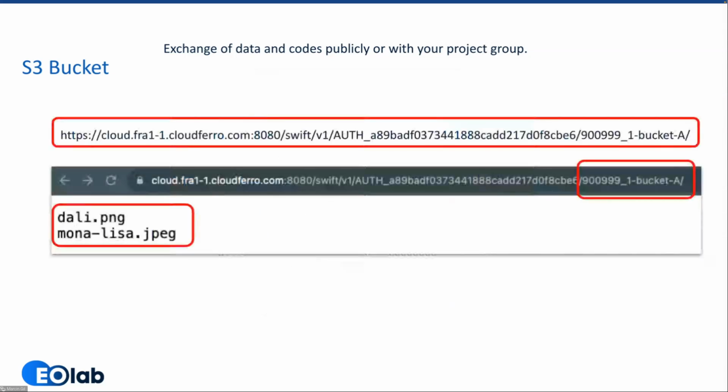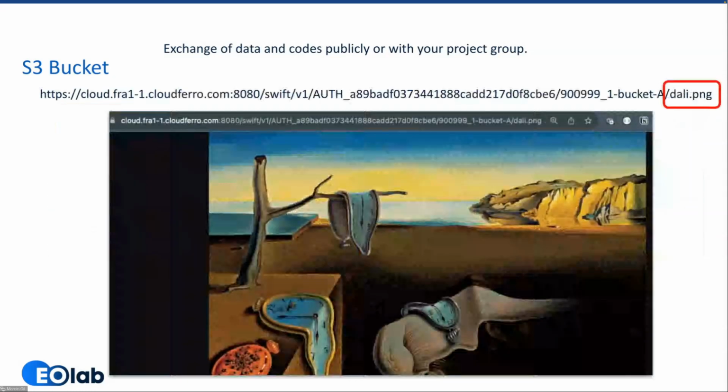So this is the example. When I put this link to the browser, I can see that 2 files are present. This is just a list of the files. But when I add this DALI PNG to the link, I can see the file itself in the browser.